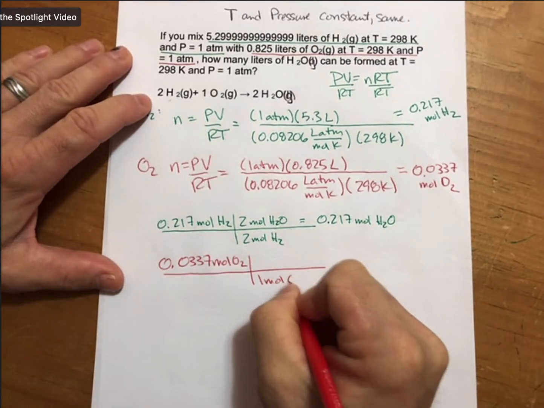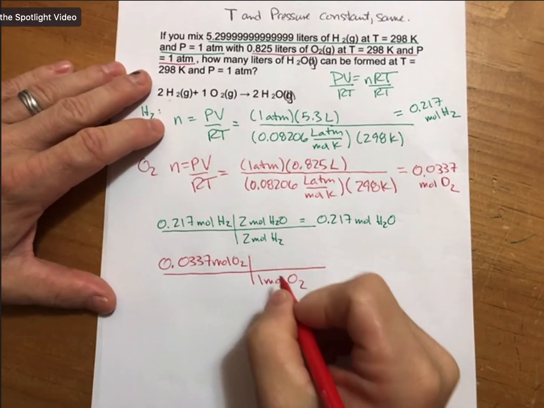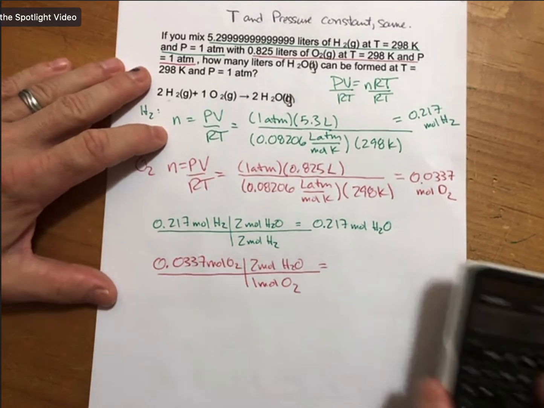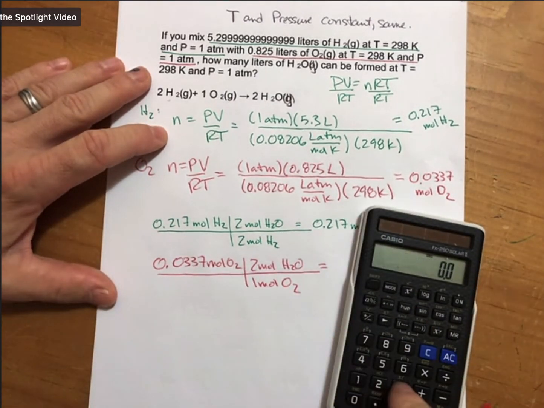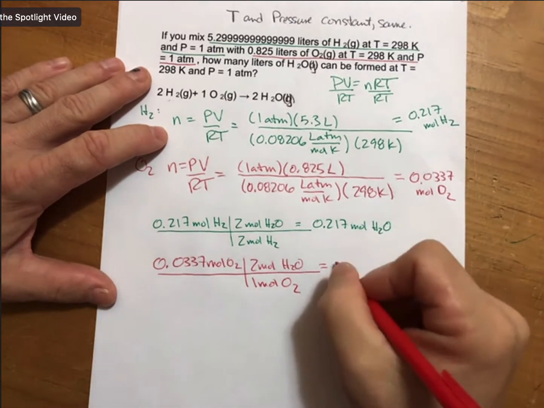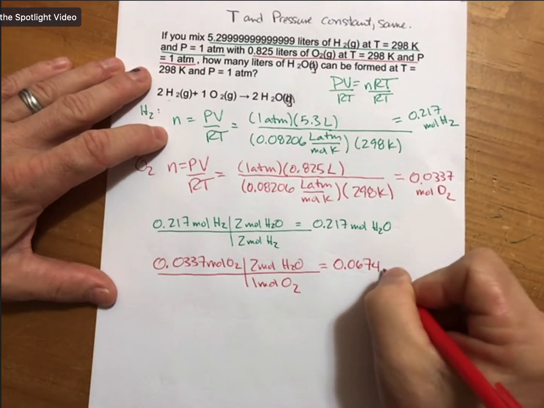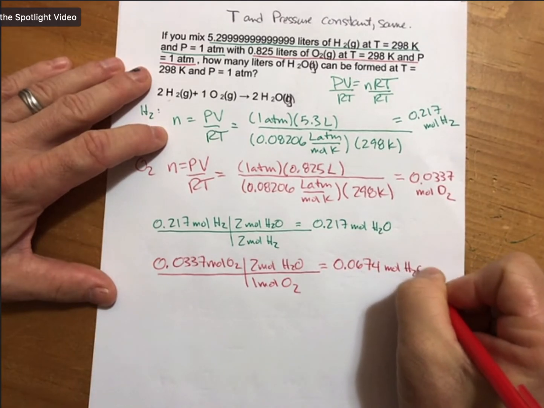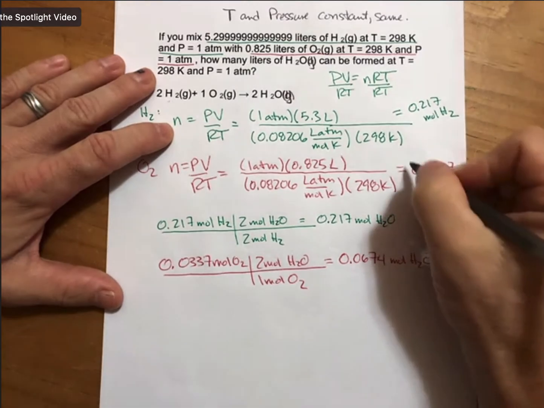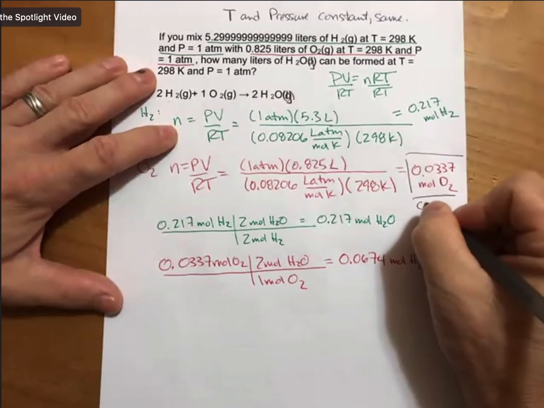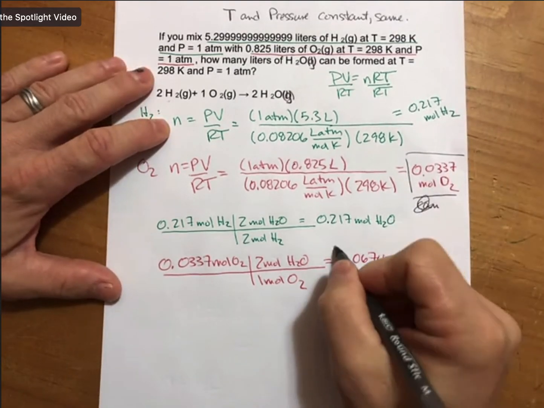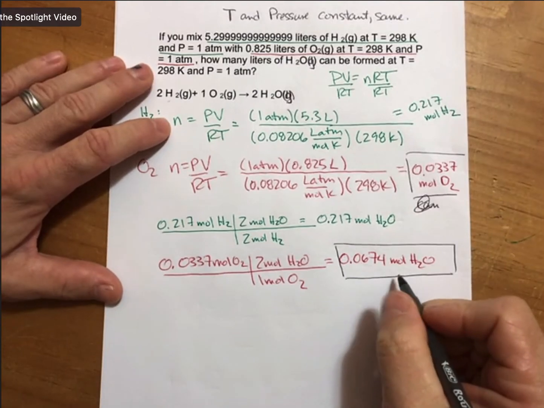And for oxygen, since it's 1 mole of oxygen to 2 moles of H2O, it doubles. 0.0674. We now know for sure that oxygen is our limiting reactant. And sorry, I should be down here. And this is the number of moles of H2O that can be produced.